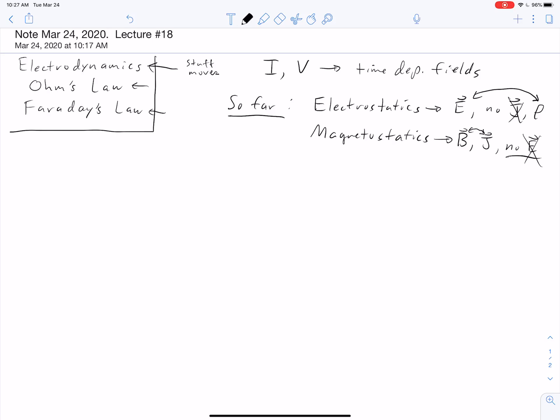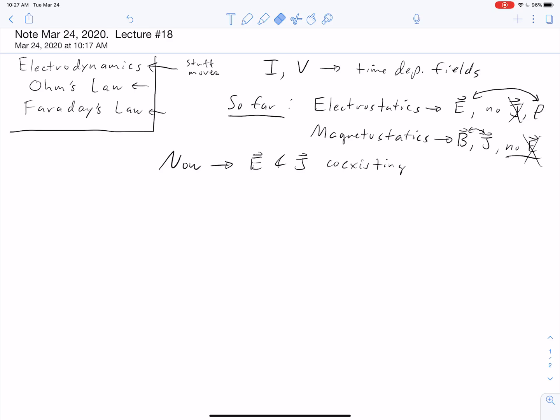A point that I want to make is that now we have to consider the situation where we have electric field and current density coexisting. That might seem trivial, but it's not. Before, when we were doing magnetostatics, we had lots of current density creating a magnetic field, but we never had an electric field.